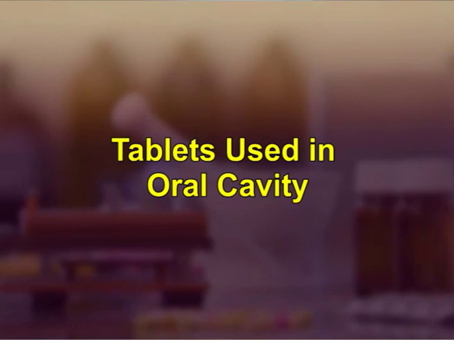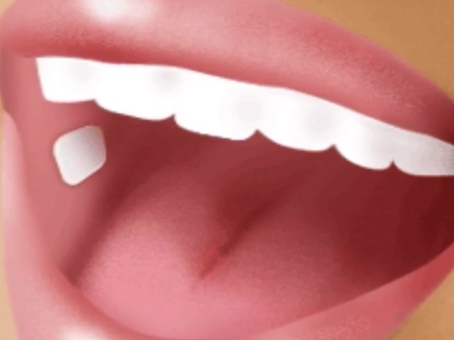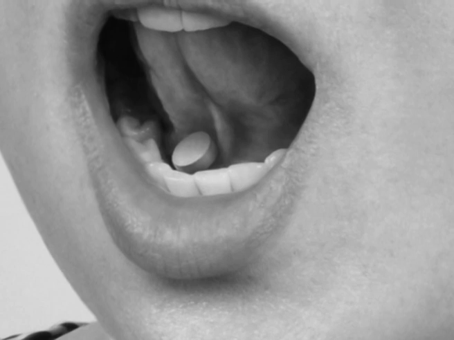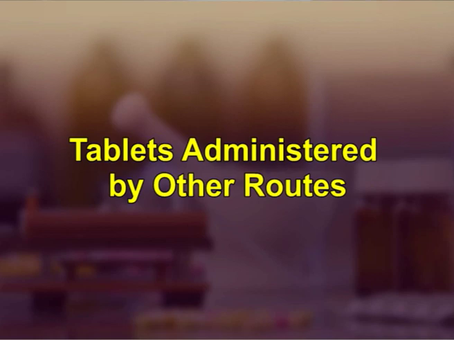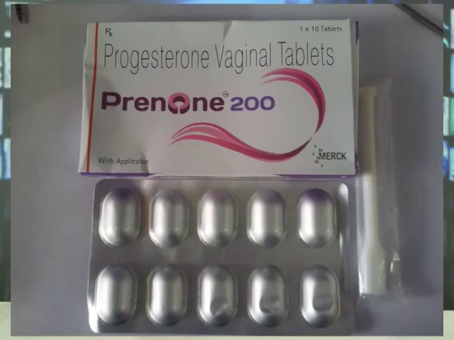Second category is tablets used in the oral cavity, in which buccal tablet, example vitamin C tablet. Second type, sublingual tablet, example Vicks menthol type tablet. Troches and lozenges are the third category used for oral cavity purposes. Tablets administered by other routes, for example, implantation tablet, vaginal tablet, example clotrimazole tablet.